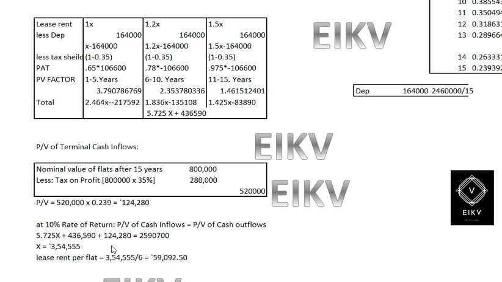When we solve this equation, we will get x as 3,54,553 as the lease rent of the flats. When we divide this 3,54,555 by 6, which is the number of flats, we'll get the annual lease rent as 59,092.5.